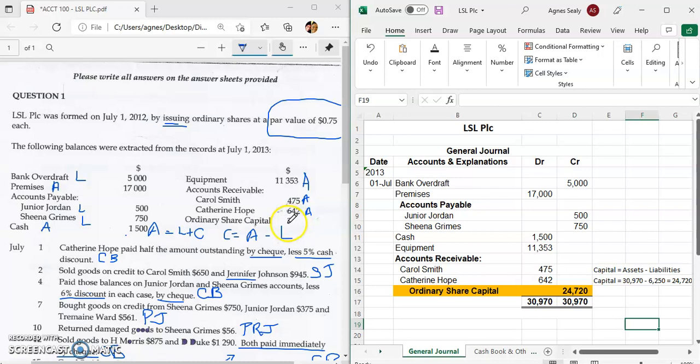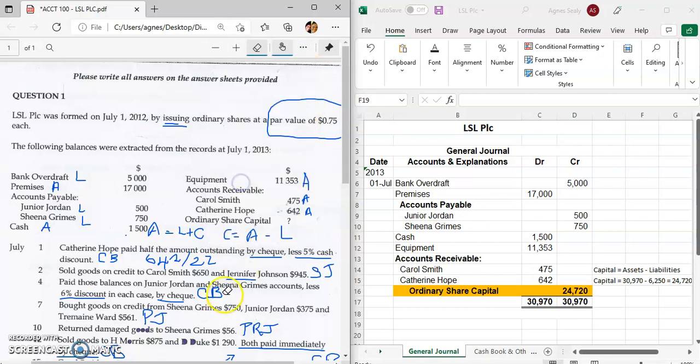What we are going to do is divide that $642 by 2, because that's the amount they state that she is looking to pay. She's looking to pay only half the amount.